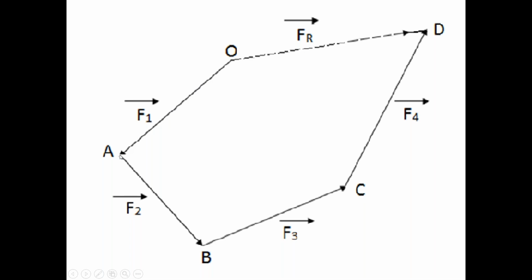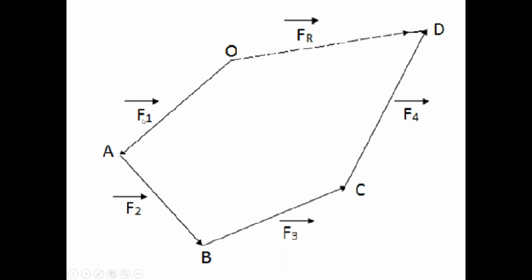Select the point A on the straight line so that the length OA is equivalent to the magnitude of the force F1 bar. Indicate the arrow on the straight line at point A. This arrow is in the direction of force F1 bar. Then we consider this OA as a vector OA bar that is equivalent to force F1 bar.